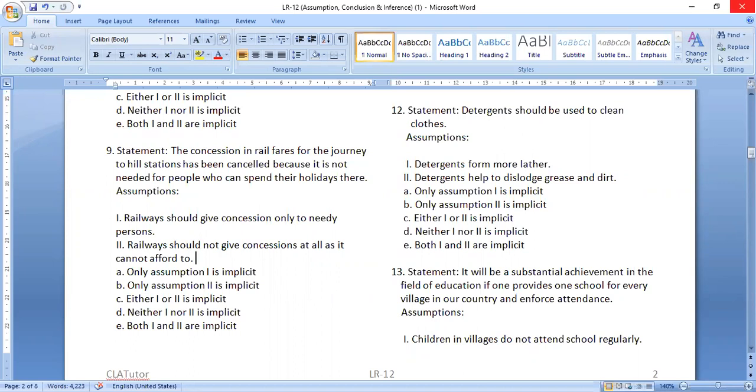What would your answer be? Would it still be option A, or would it be option E? Then again, because one is implicit, or is it either one or two? See, either one or two is right when only one of those assumptions is implicit. Meaning, if this is implicit, then this becomes not implicit, or if this is not implicit, then this becomes implicit.